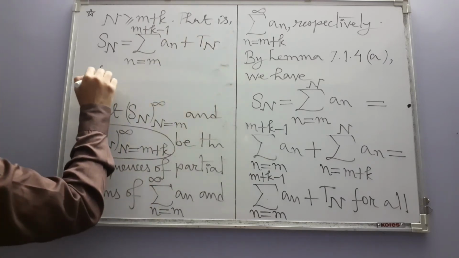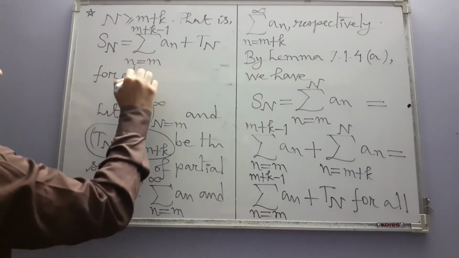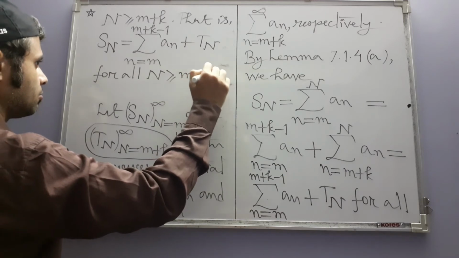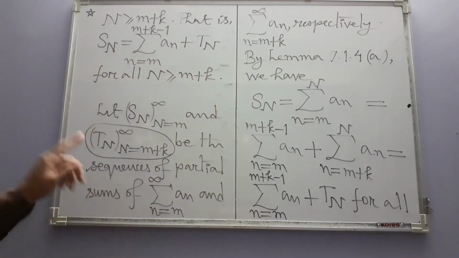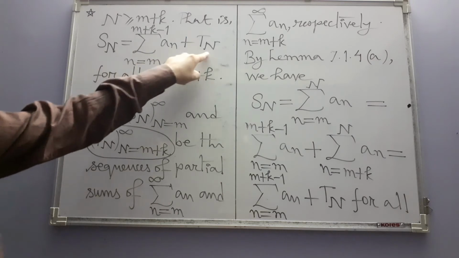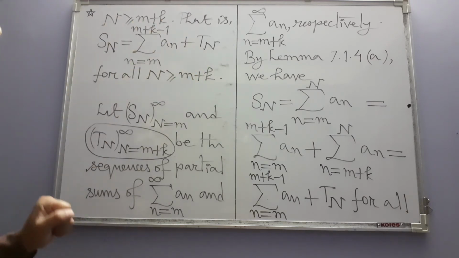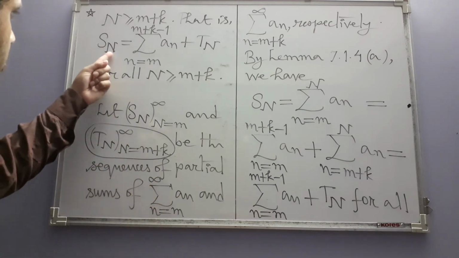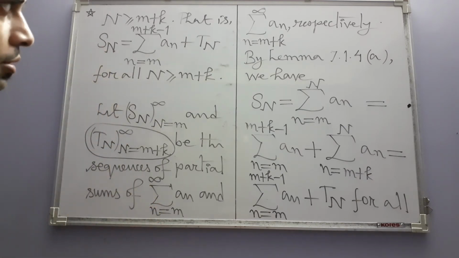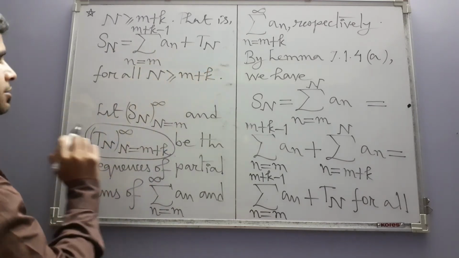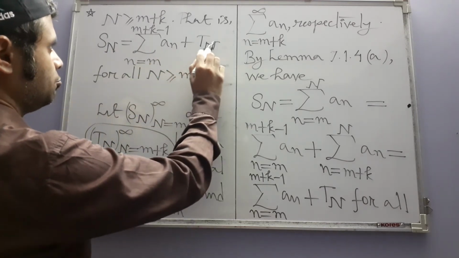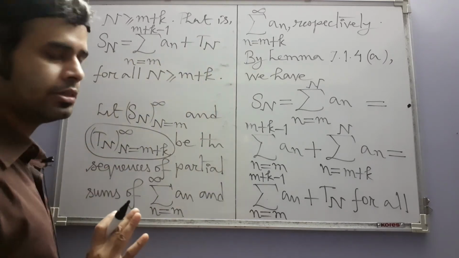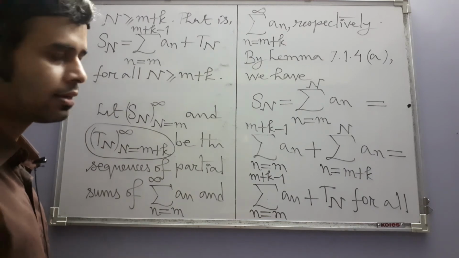That is Sn equals this plus Tn for all n greater than or equal to m plus k. So now you look at these two things, Sn and Tn, and treat them as sequences of capital N. So from this you can clearly see one thing, that when you vary capital N, Sn and Tn are likely changing.